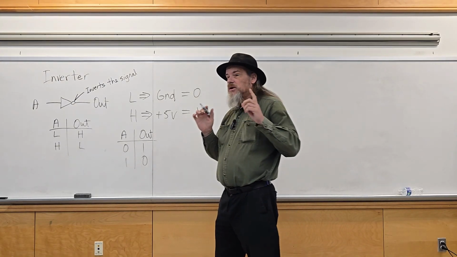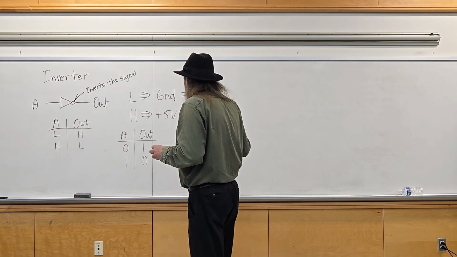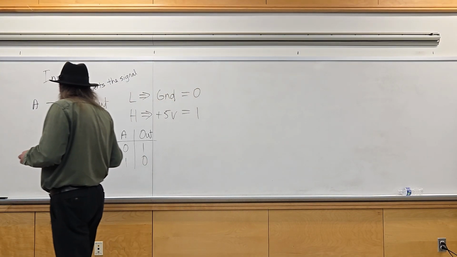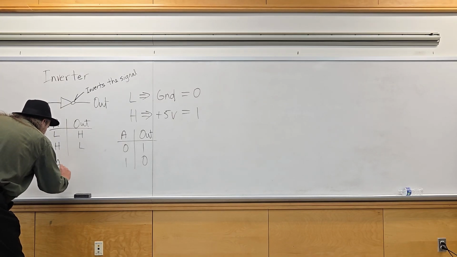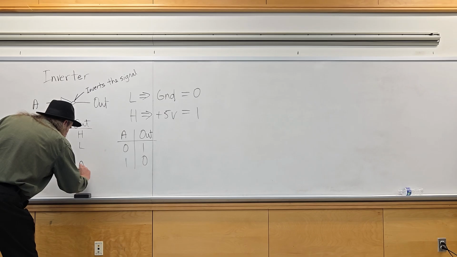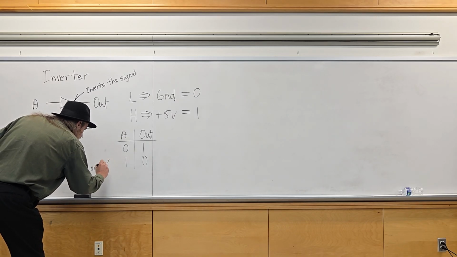When we get into Boolean expressions, this is A and A bar, or A prime.